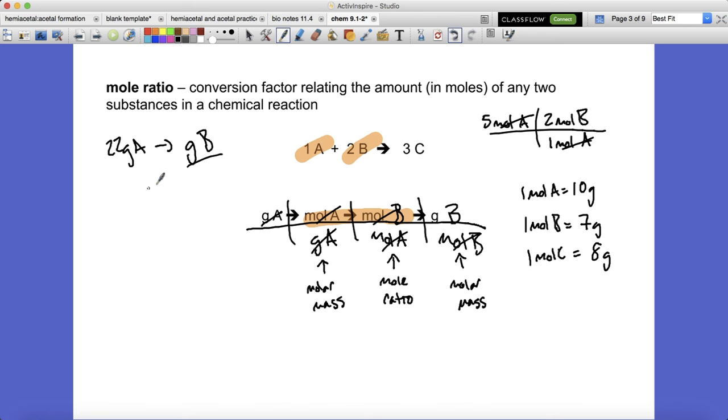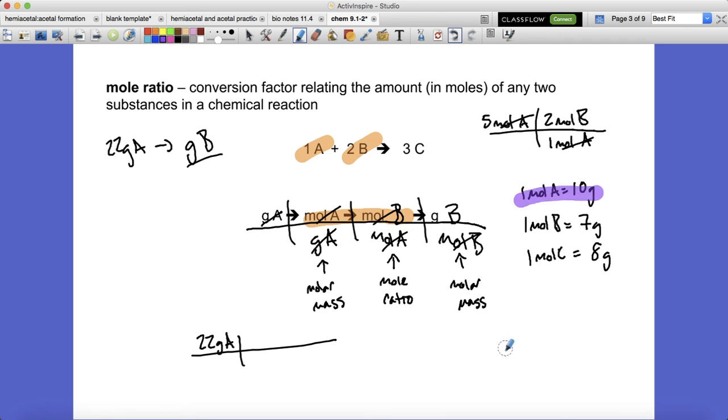So if I wanted to get all the way from grams of A to grams of B, I'd follow a process and I'd show my work exactly as I showed in this generic example here. I would start out with the 22 grams of A that I was given. In order to change grams of A into moles of A, I would use a conversion factor, right?